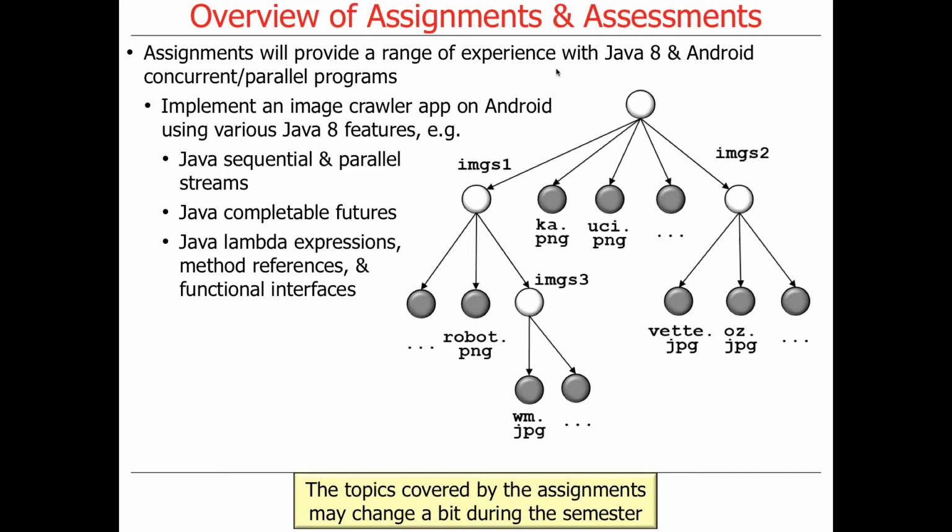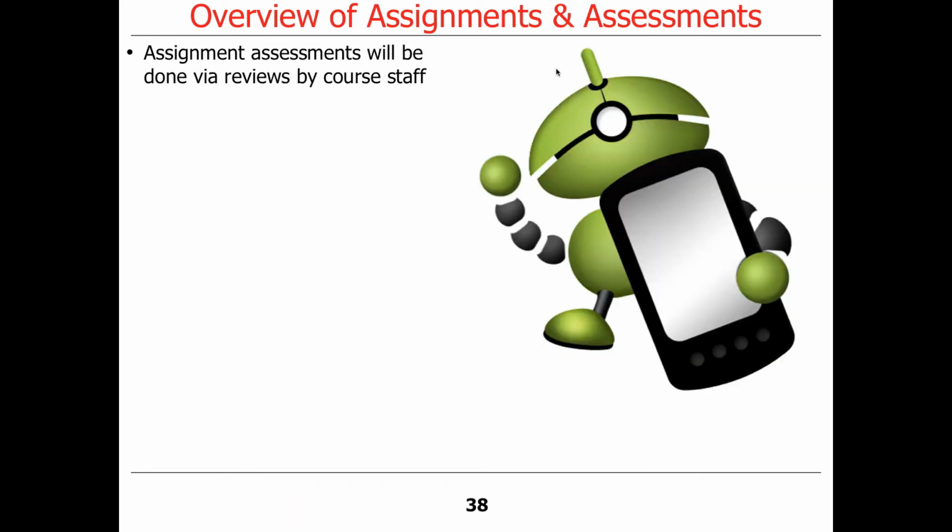Then we'll do Java 8 completable futures. And so we'll keep adding and changing and using the new capabilities in Java. So by the time the course is done, you'll have a chance to play around with all these different features. And you'll have a pretty cool app that will visualize things in a neat way and also demonstrate all the concepts. So we'll kind of tweak this stuff as we go along. It might change a little bit, but that's the basic idea.